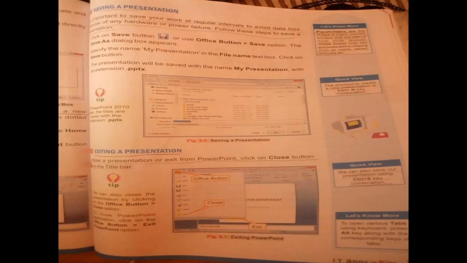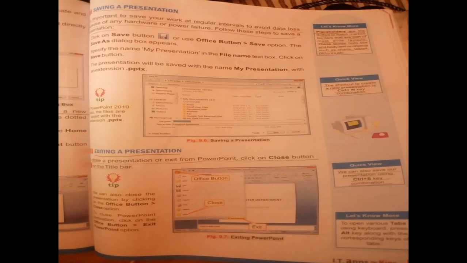Follow the steps to save the presentation. Click on the Save button or use the Office button Save option. The Save As dialog box will appear. Specify the name My Presentation in the file name text box. Click on the Save button. The presentation will be saved with the name My Presentation with the extension .pptx.